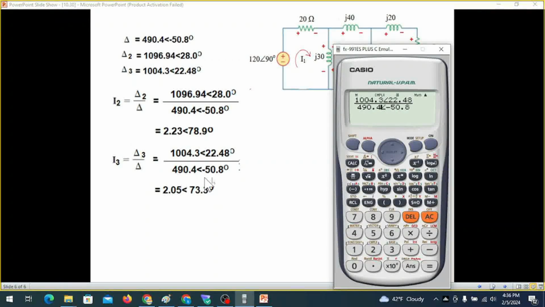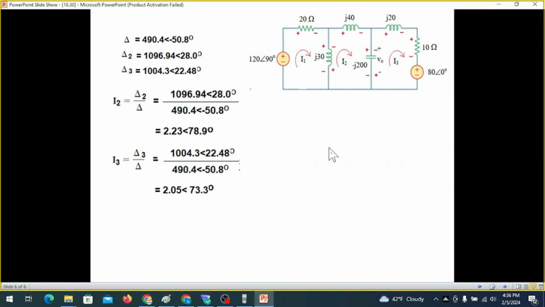Move ahead, equal sign, shift complex, 3, equal sign, SD, 2.047 or 2.05, angle 73.28. So I3 and I2 we have found, and now we need to find this voltage.